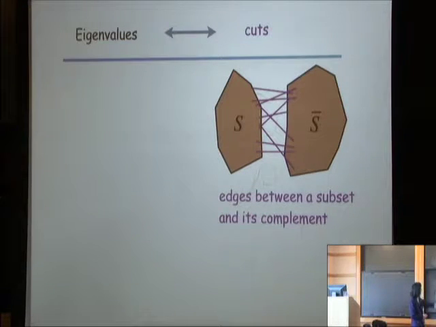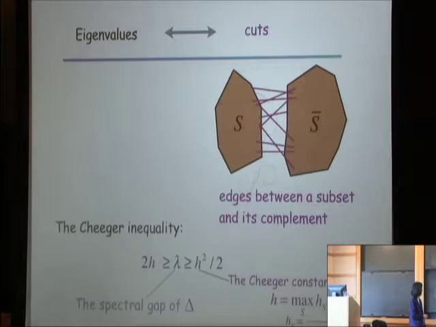So when we are talking about cuts, usually it's the edges between a subset and its complement, and it has a relation with eigenvalues of the Laplace operator, the Cheeger inequality. If you use this version of delta n, then you can sandwich the eigenvalues with the Cheeger constant of the graph, which is just defined as the number of edges in between divided by the volume of the smaller part.